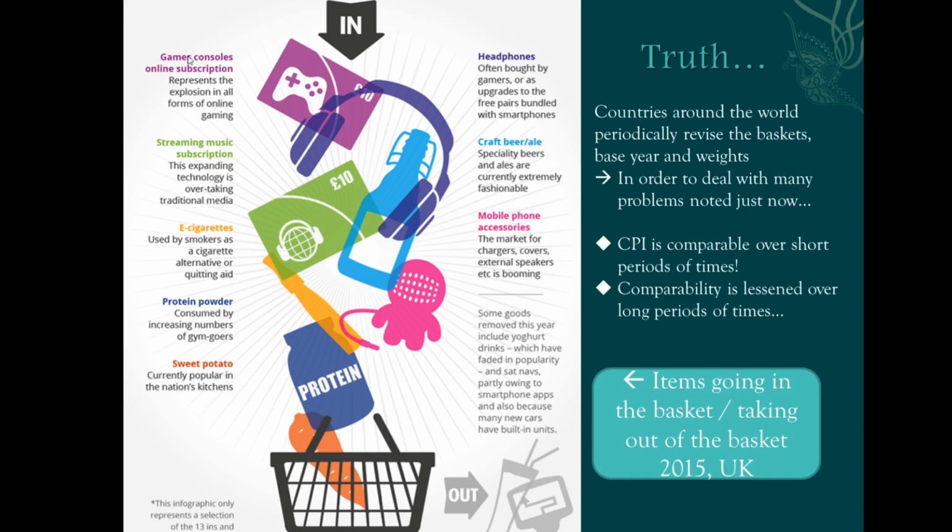They put in some game consoles, because more people are into gaming nowadays, maybe a Switch, PS4, and some other stuff. It's getting more popular. So when things get more popular among the typical household, they adjust the basket based on this. What else are they putting inside the basket?